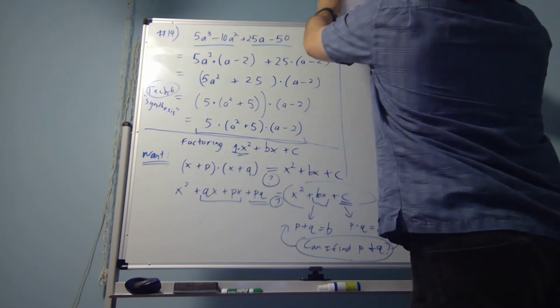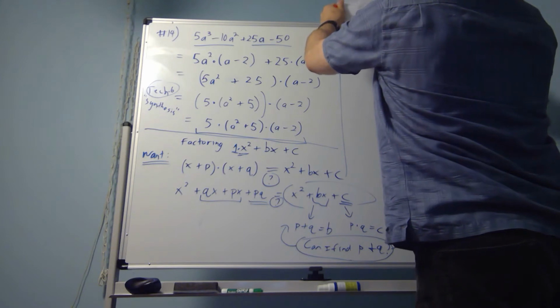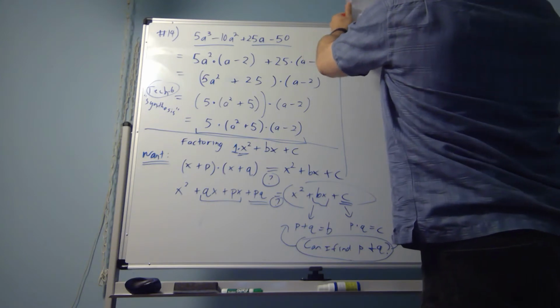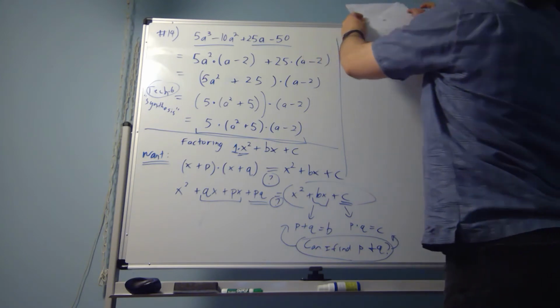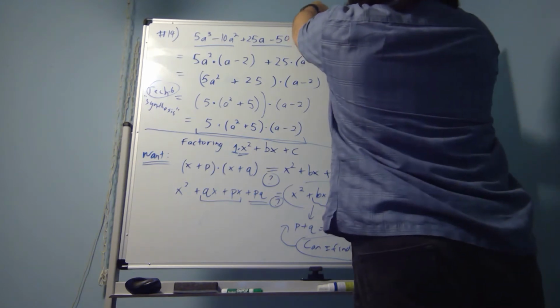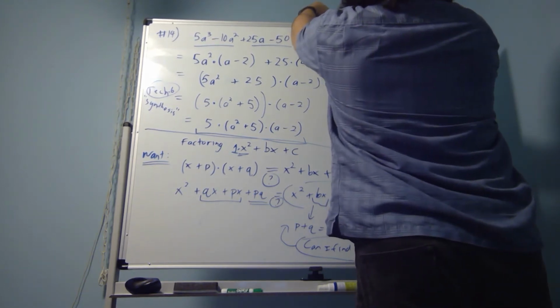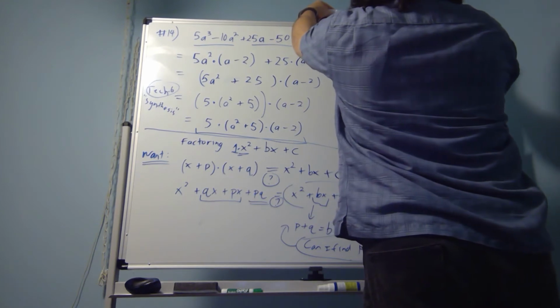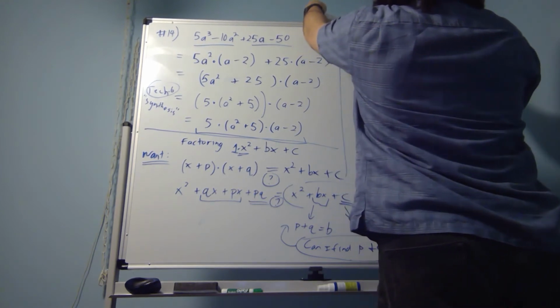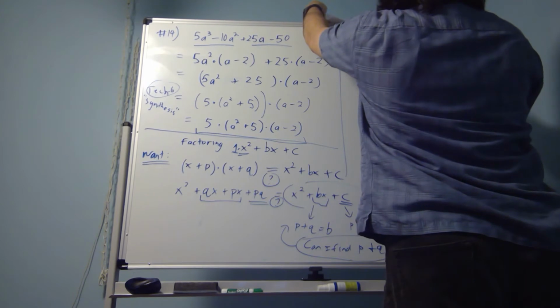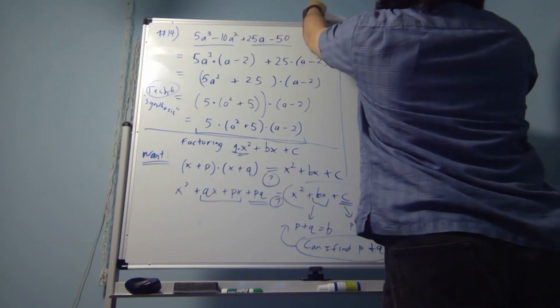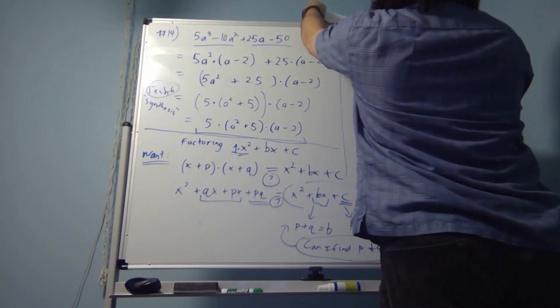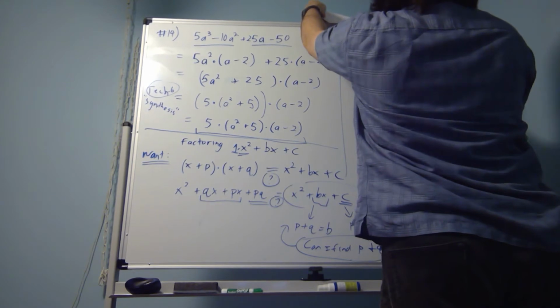So, example. What did I pick here? All right, I didn't write down what problem number it is, but we'll just do it. P plus Q equals -7.